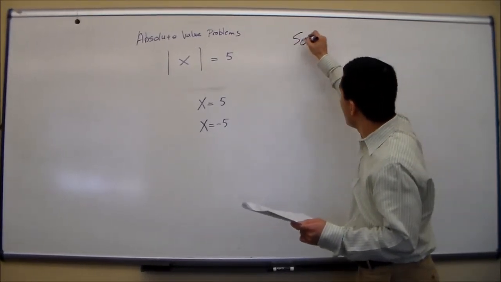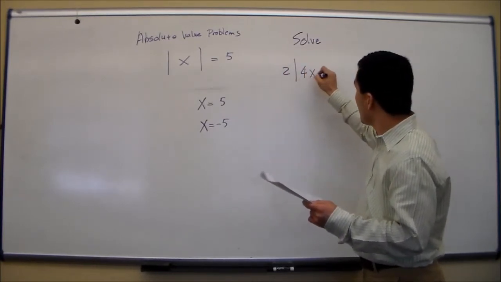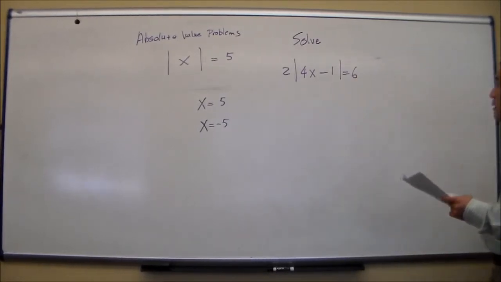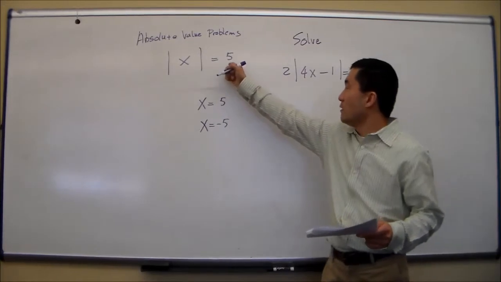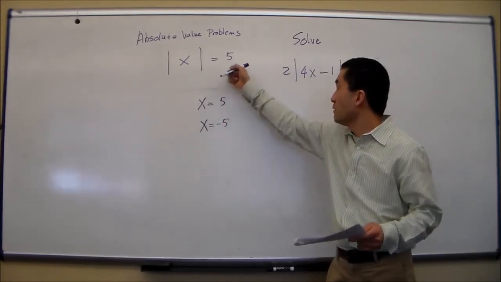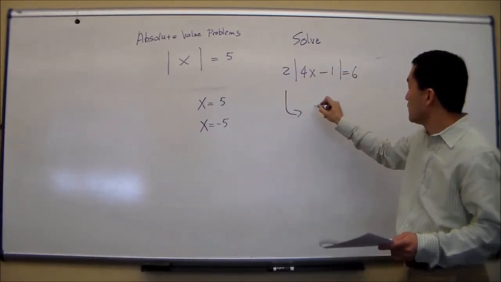So if you were asked to solve this problem, using this fact right here that there's going to be a positive number solution and a negative number solution, I'm going to split this into 2 different problems.